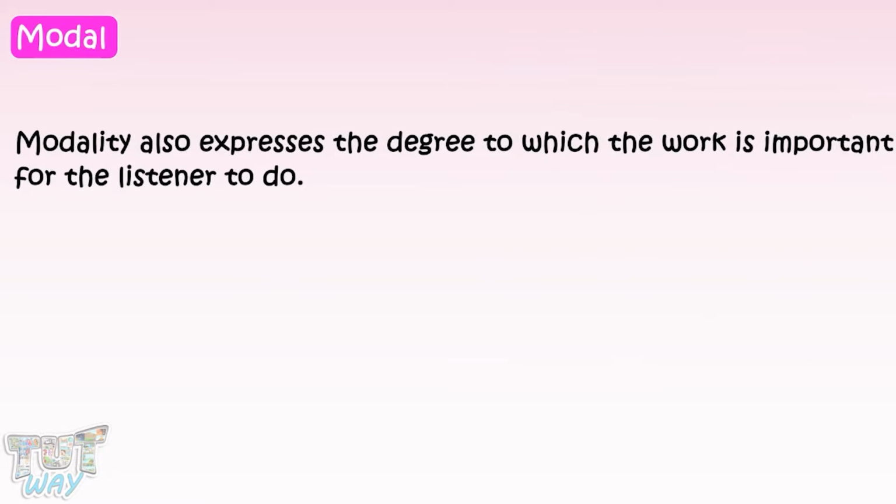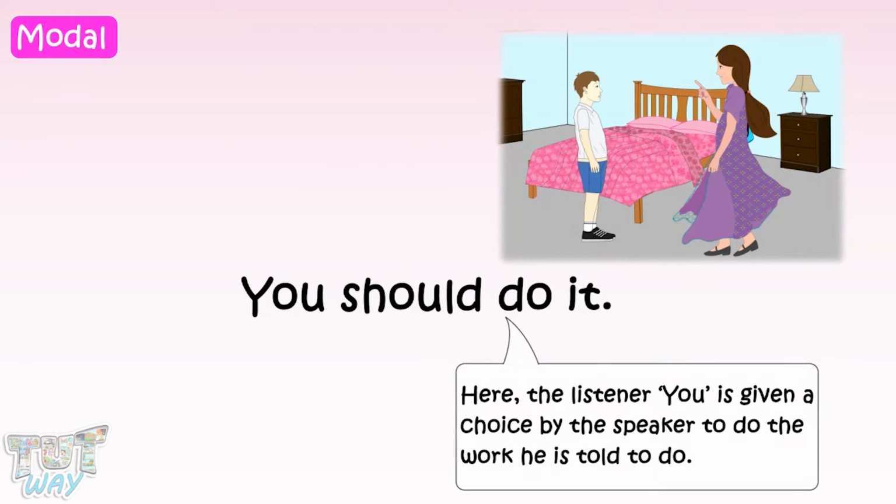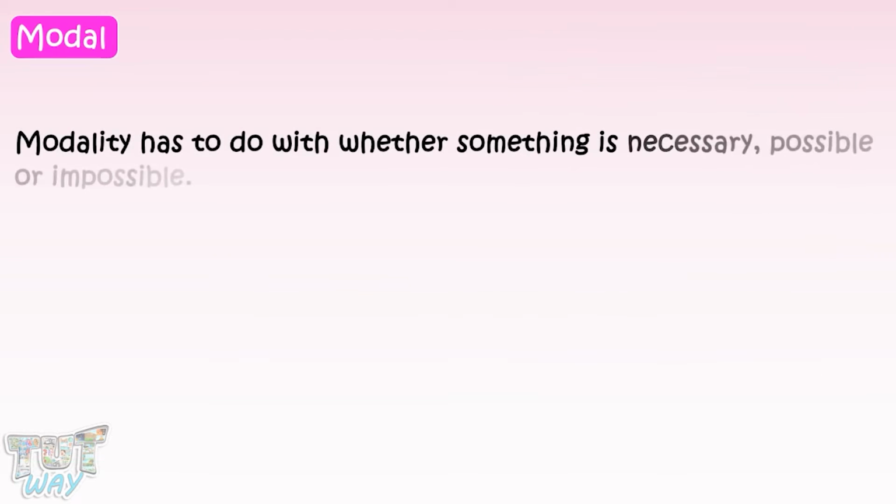Modality also expresses the degree to which the work is important for the listener to do. You should do it. Here, the listener, you, is given a choice by the speaker to do the work he is told to do. Modality has to do with whether something is necessary, possible, or impossible.